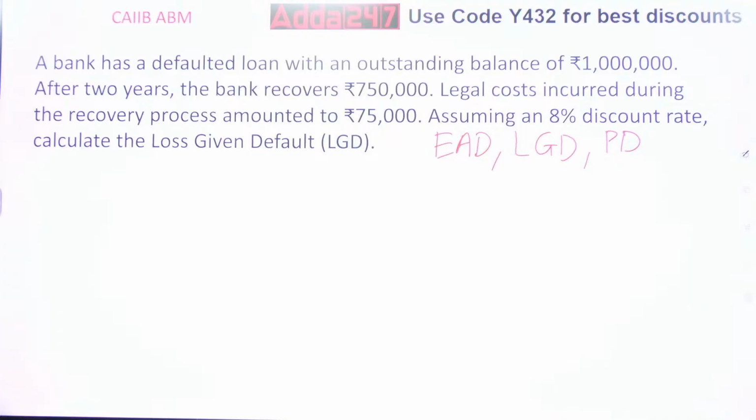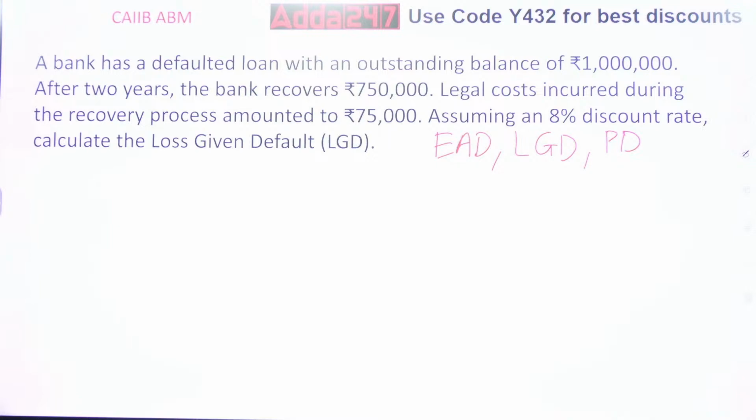Yes, everyone, try this. Problems are easy, but you need to understand this. What is given over here? Recovery is given, right? Bank defaulted 10 lakh, then bank recovered 7,50,000. Legal is 75,000. So first you have to find out the recovery rate.